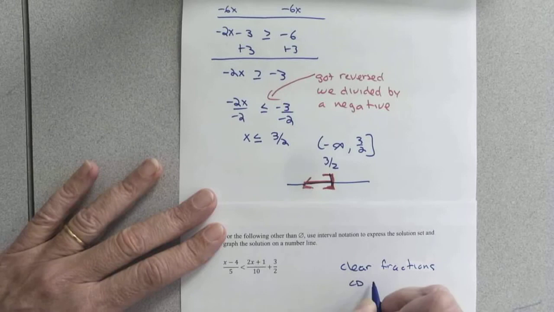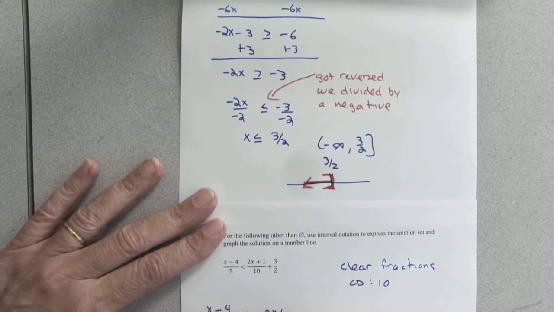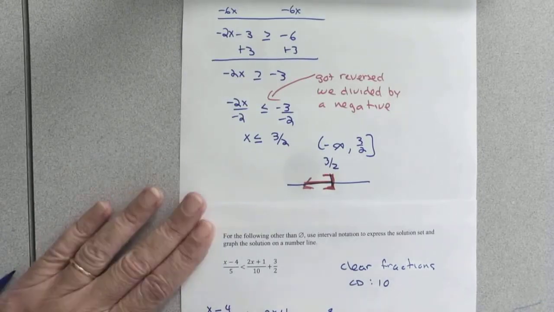My common denominator is 10. So I'm just going to write this so it's a little bit bigger. And I multiply each fraction by 10.